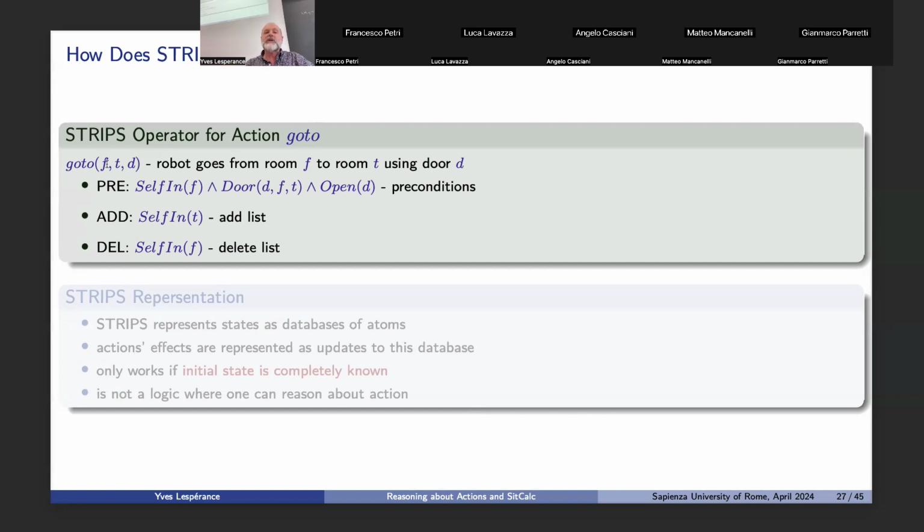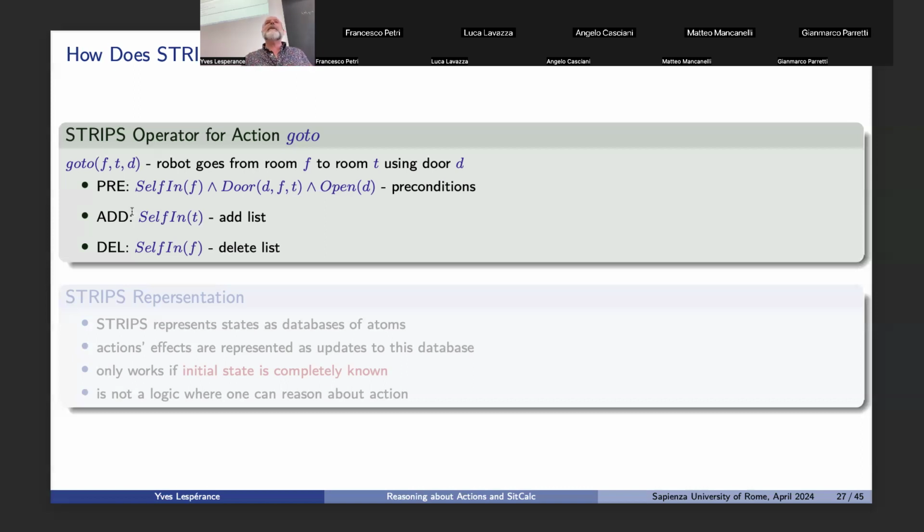You would have an action, something like the robot goes from room F to room T using door D. For this to be executable, the agent self has to be in room F initially, and there's a door between F and T, and it's open.